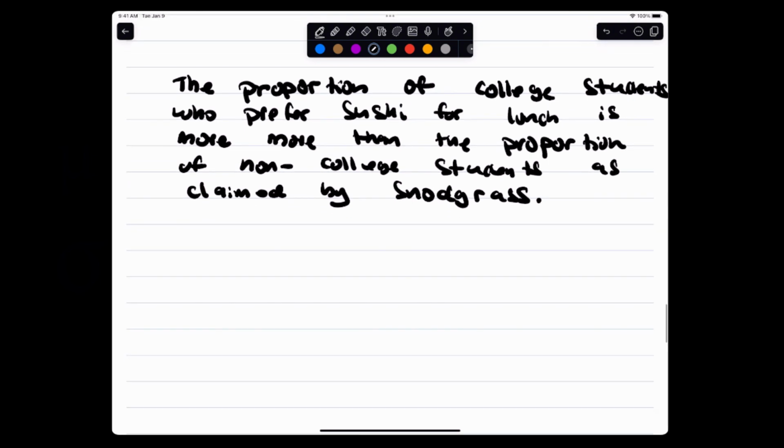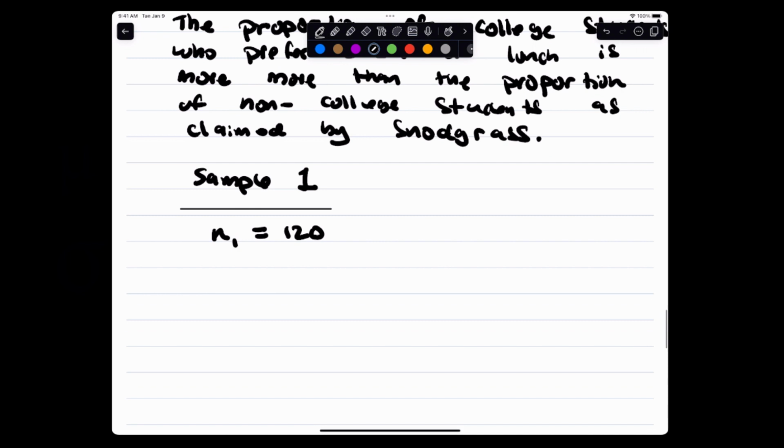Okay, now I'm gonna give you the information in a way that's less writing for myself because it's been a rough day already. Let's say a sample of the first group, college students, a sample of 120 revealed that there were 34 successes.